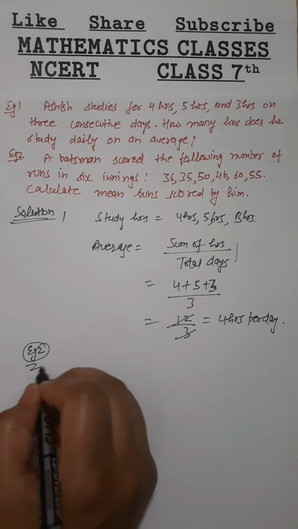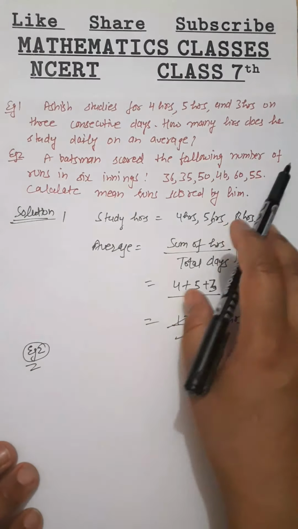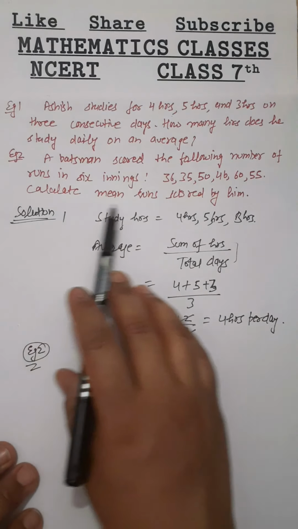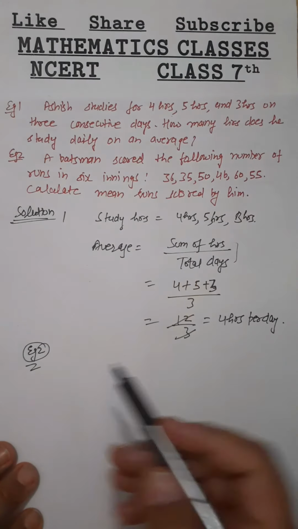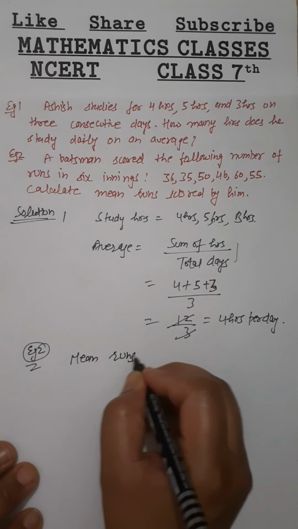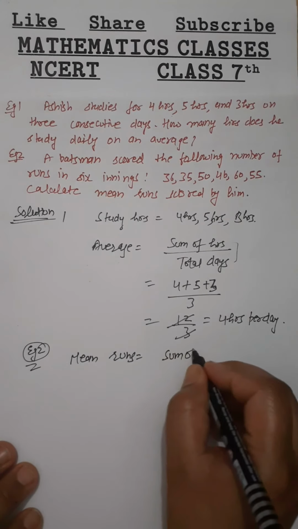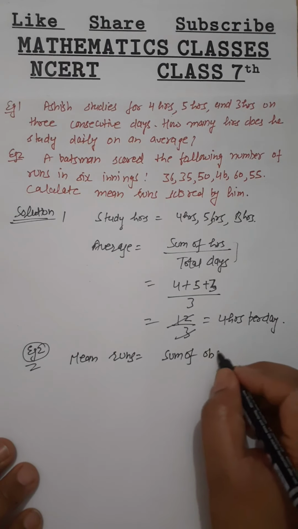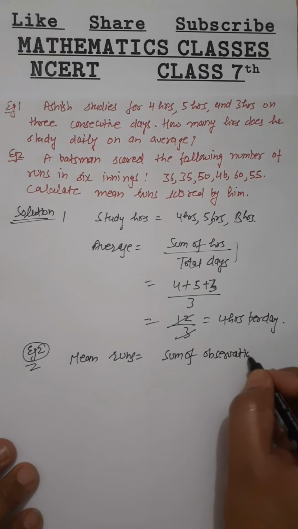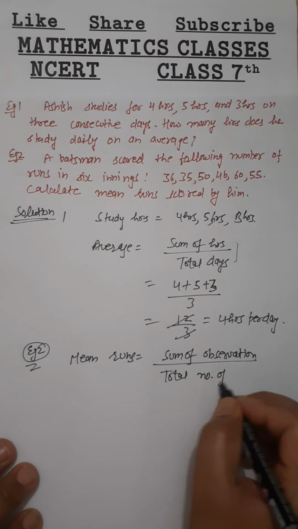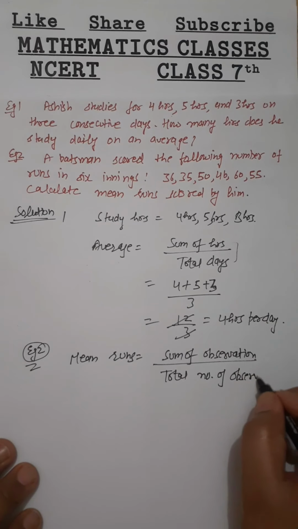Example number 2. A batsman scored the following number of runs in 6 innings. Calculate mean runs scored by him. Directly we do mean runs. Formula: sum of observations by total number of observations.